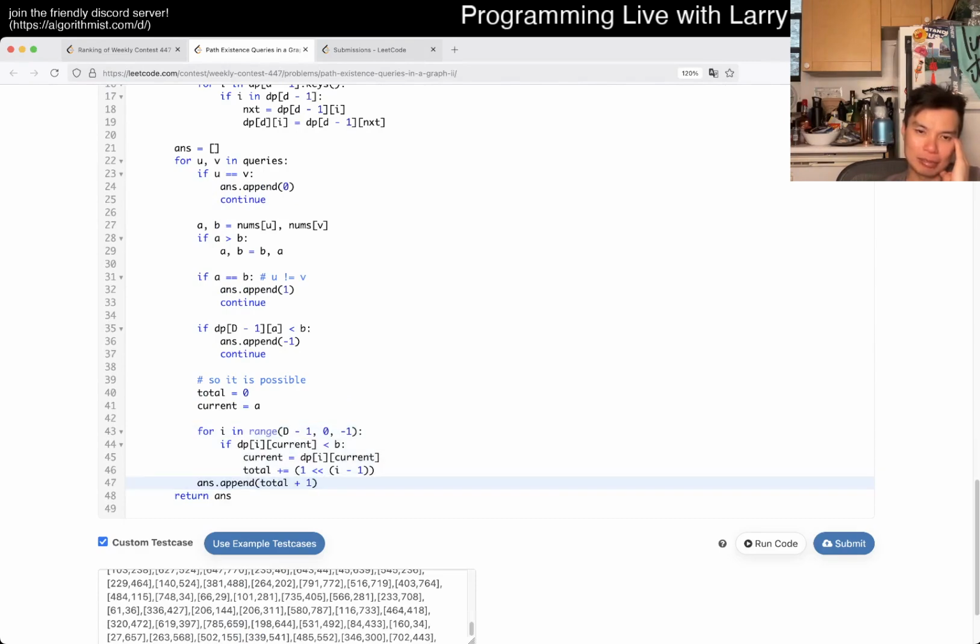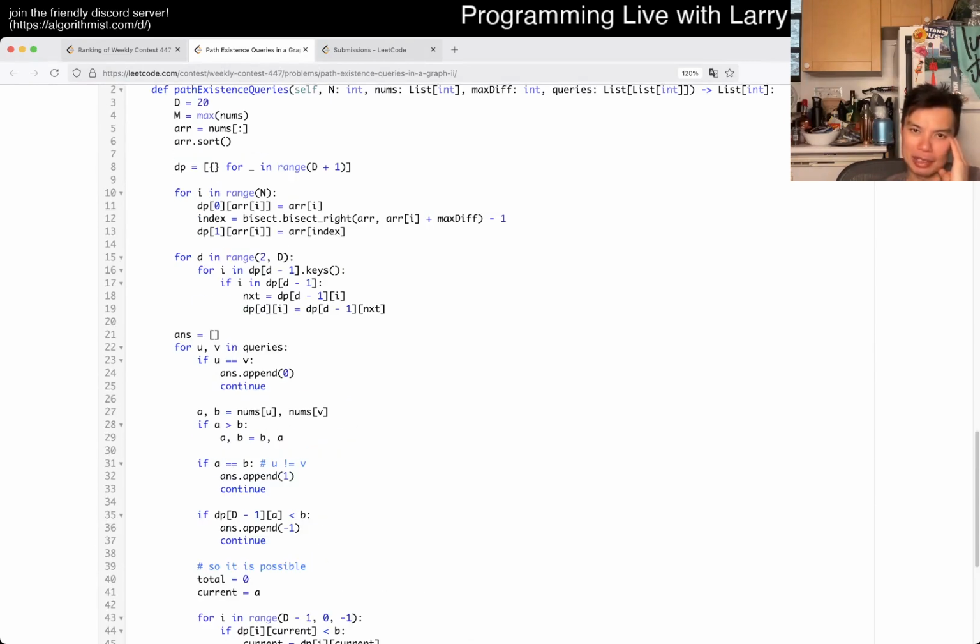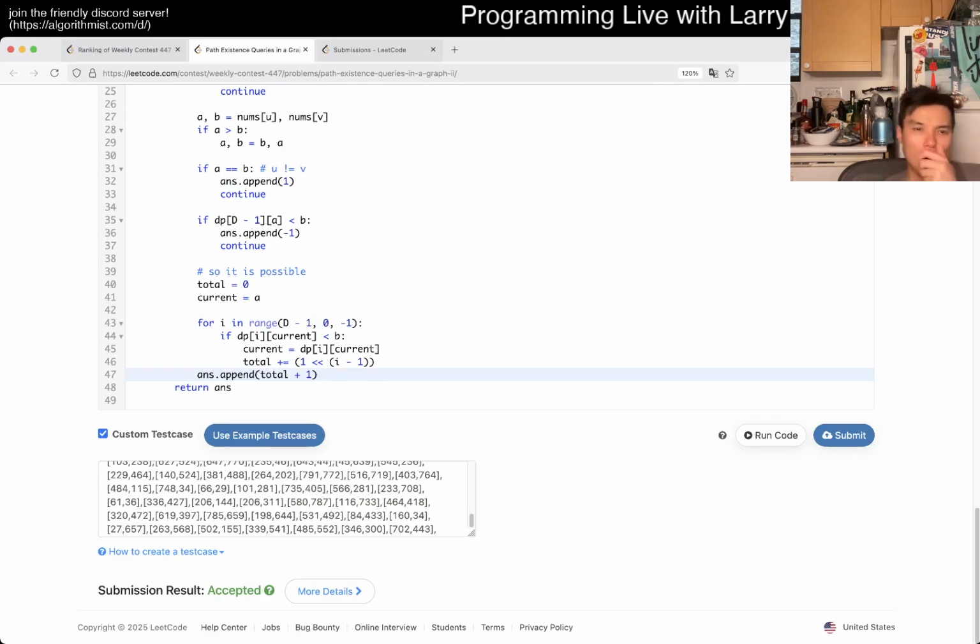I don't remember the timing, so maybe I should just check it. But I had most of this. I knew how to do it, but the total plus 1 thing bugs me a little bit.